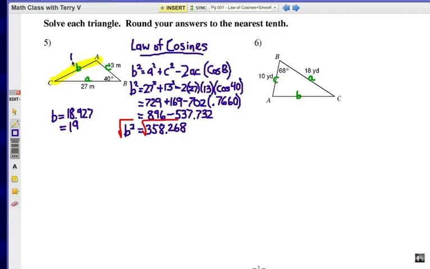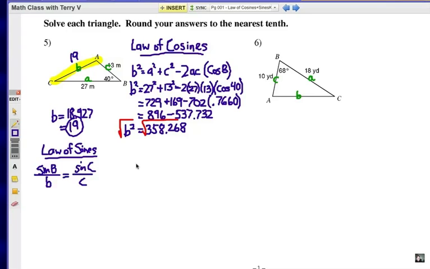Okay, it's close enough. So I'm going to put 19 right there, and that's that side AC. So now we're going to move on to the law of sines, because we do have one angle and its opposite side. Okay, we have 3 sides of the triangle and one angle. So now it's an easier set of calculations to use the law of sines. So let's go ahead and do that.